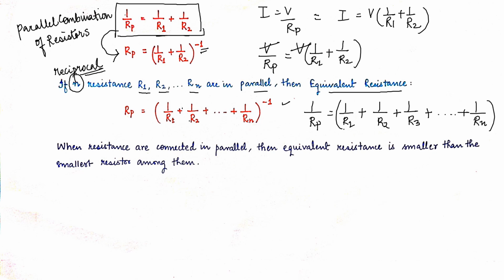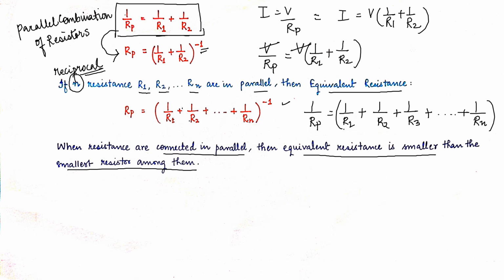When resistances are connected in parallel, their equivalent resistance is smaller than the smallest resistor among them. It is smaller compared to even the smallest one.